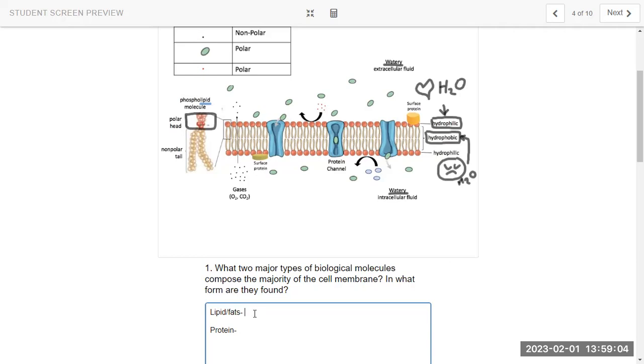So the lipids are in a phospholipid bilayer. Bilayer means two layers. So if you notice, you have one layer on top right there, and then another layer down below. It's a bilayer, it's two layers. Okay, what about the protein? What form is the protein there?